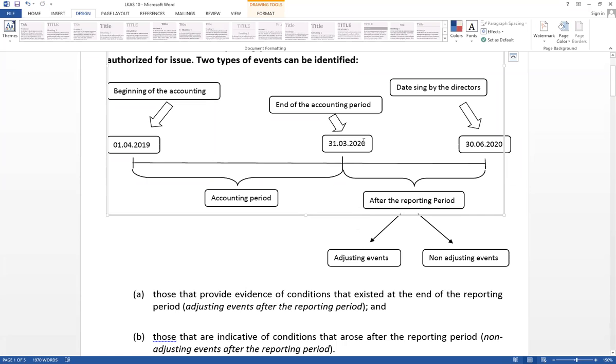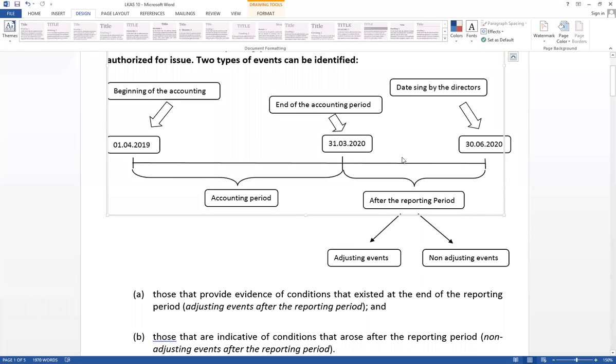Inventory available at 31st March 20 recognized at NRV lower than the cost value. That means at 31st March the cost is, let's say, 500,000. It was sold in the market before the directors signed for 400,000. In this situation, the inventory in the financial position should include 400,000.